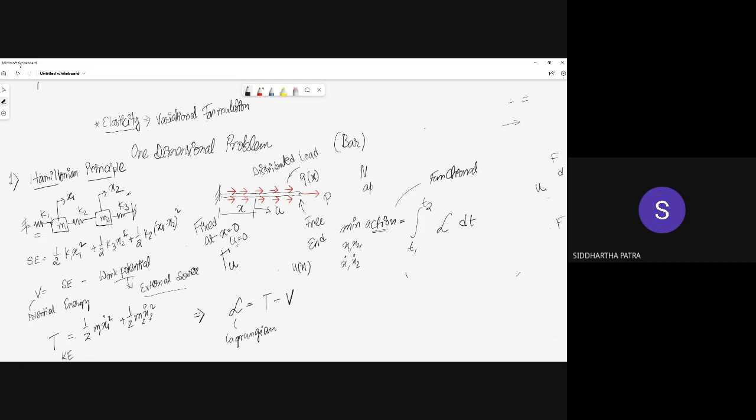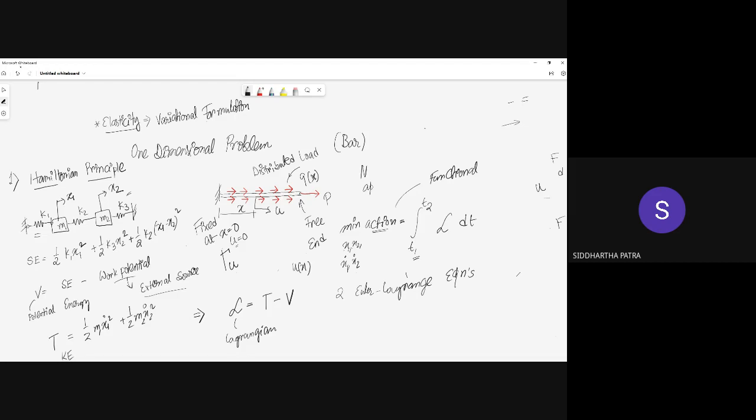Now you need to understand that x1 and x2 are independent of one another. So in this case we will have two Euler Lagrange equations, where the independent variable is time, and the two dependent variables are x1 and x2.